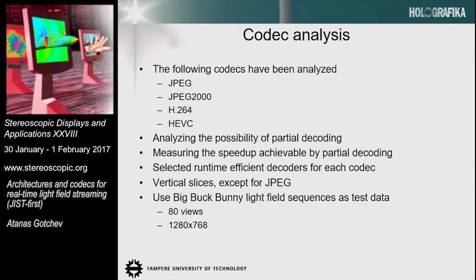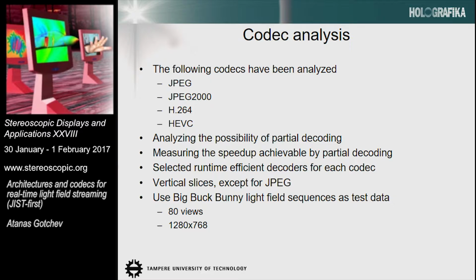To this end, we selected 4 off-the-shelf codecs, JPEG, JPEG 2000, H.264, and HEVC, in order to analyze their support of partial decoding and to measure the speedup achievable by partial decoding.